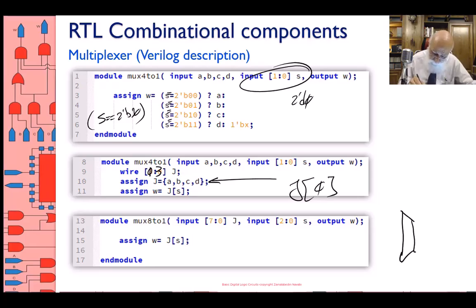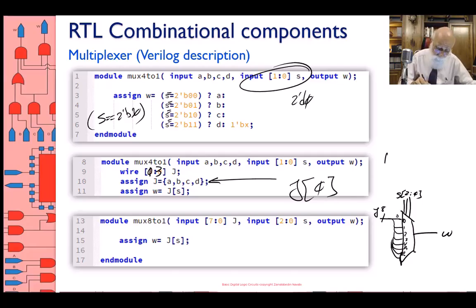This is the 8-to-1 multiplexer. This is your W. This is S[2:0]. And then these are your inputs, J, an 8-bit vector, and then you're taking J bit by bit of it, bits 0 through 7.